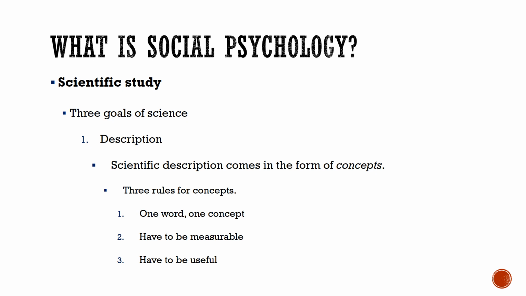Scientists develop detailed and precise procedures for measuring concepts. Developing good measures of concepts is especially important in social psychology because many of the concepts social psychologists are interested in cannot be directly observed. For instance, I can't look directly at you and see your self-esteem.